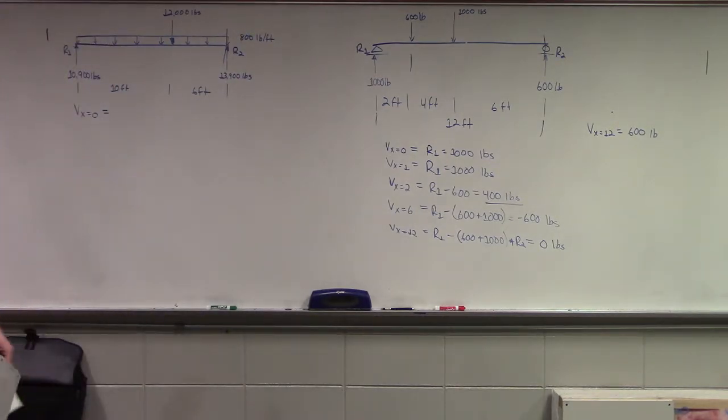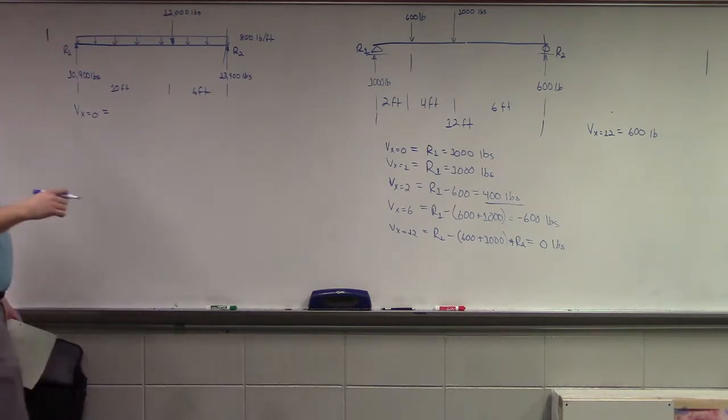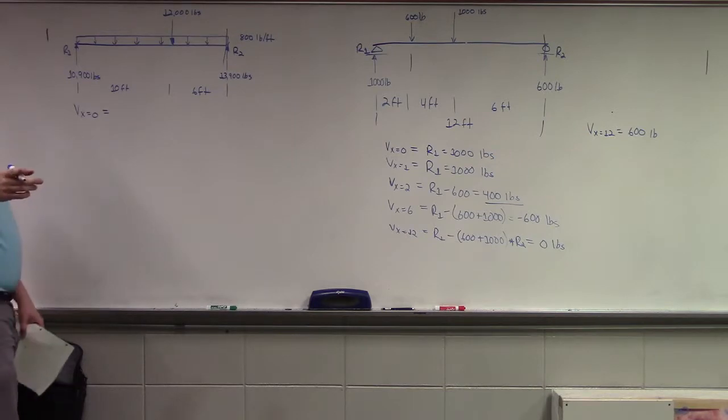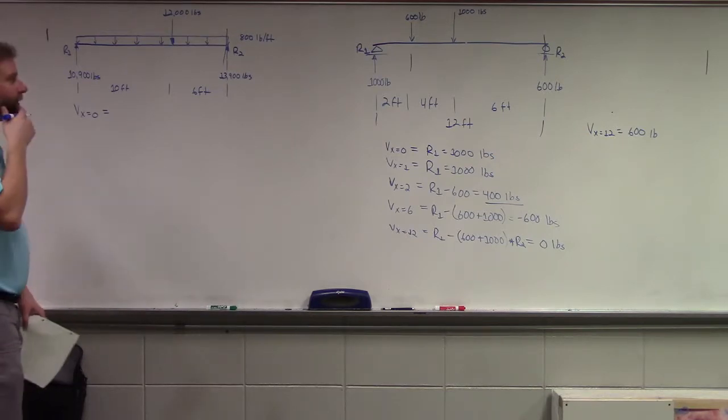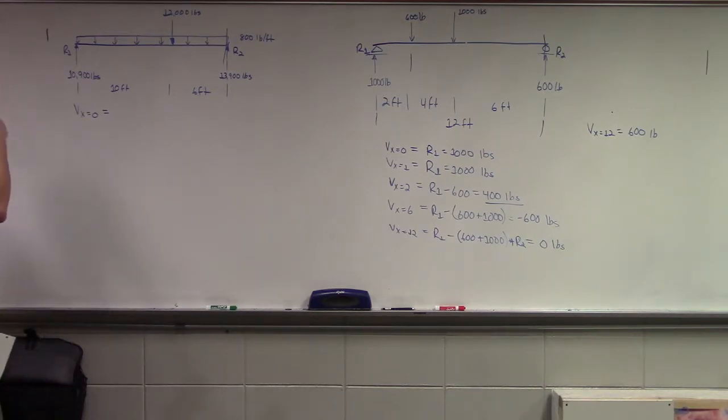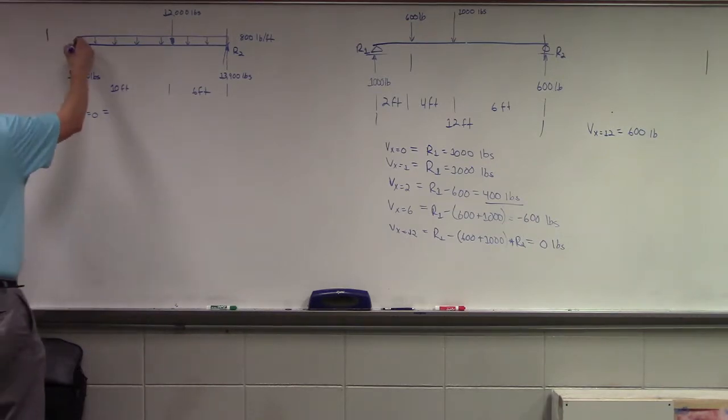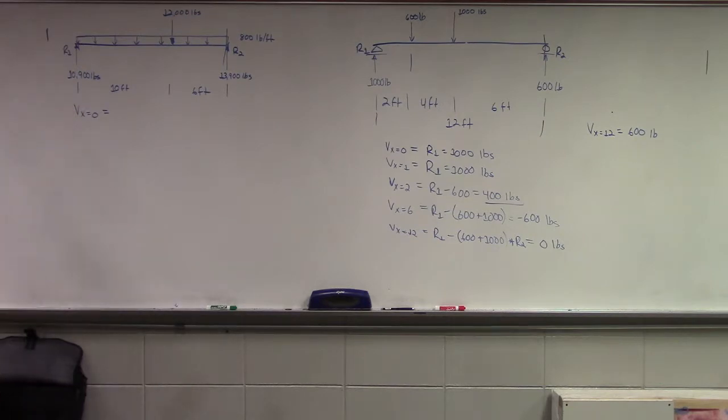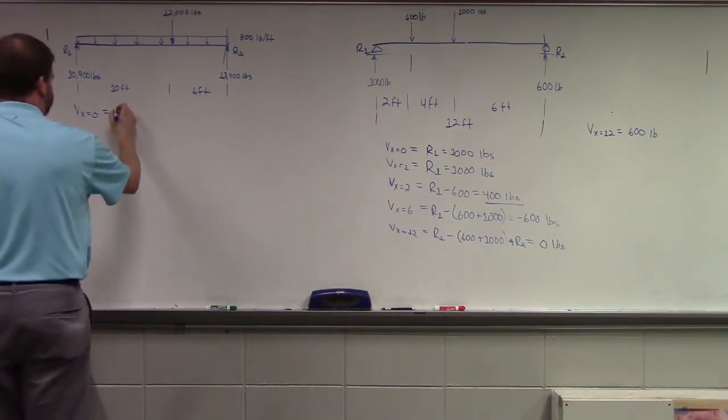We can't pretend R2's not there, that would get us in trouble. So if we look at making a cut just to the right of R1, R1 equals 10,900.